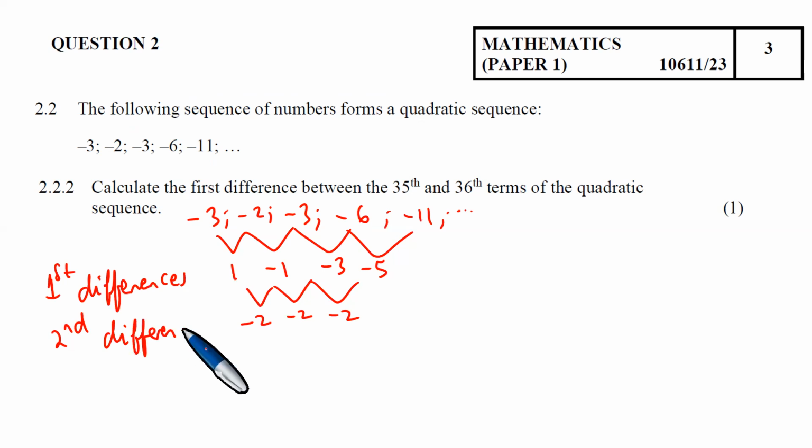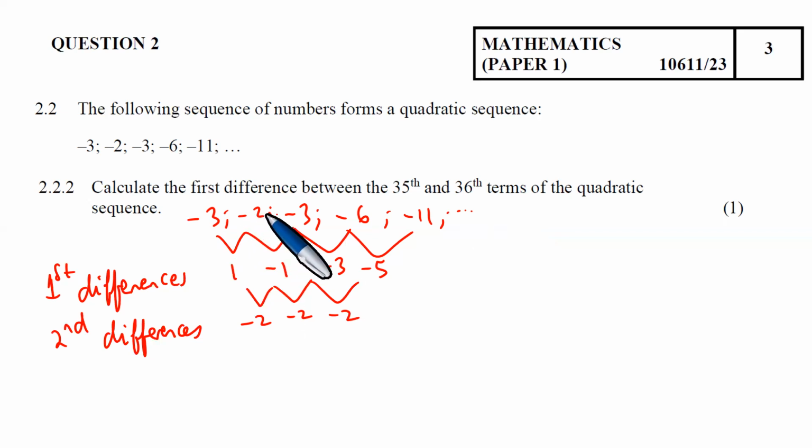If they say calculate the difference between the 35th and 36th terms of the quadratic sequence, what is the difference between the first and the second? It is the first term of the first differences.